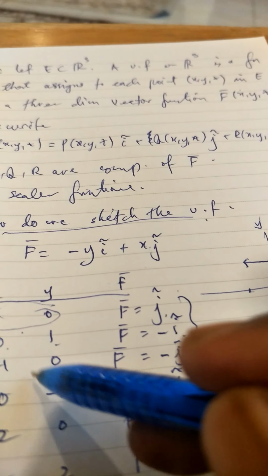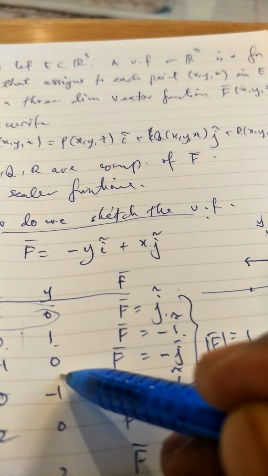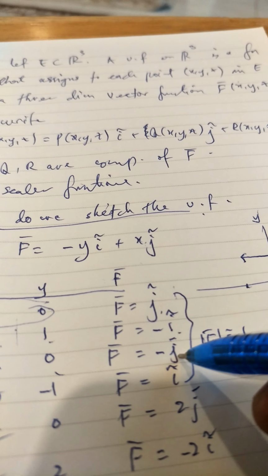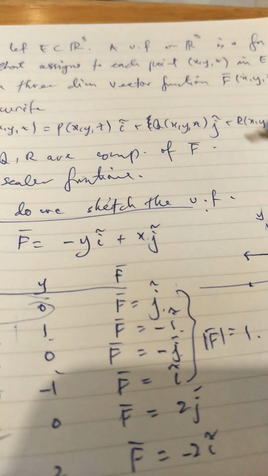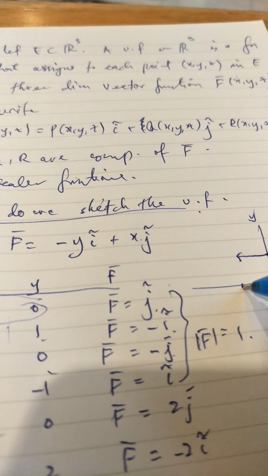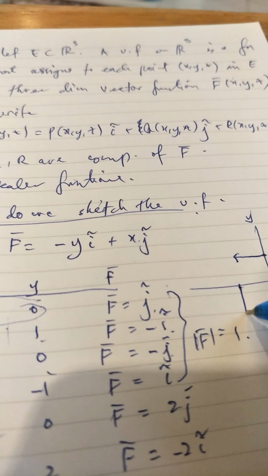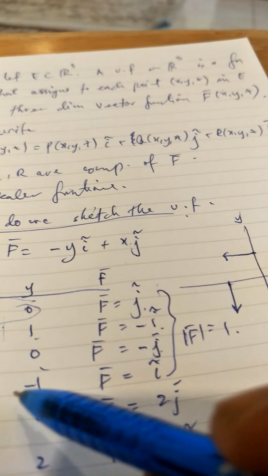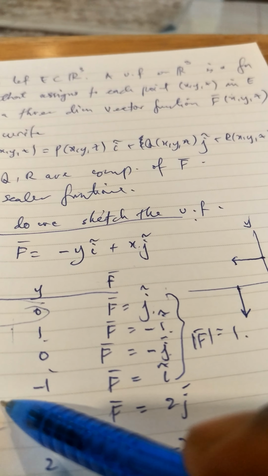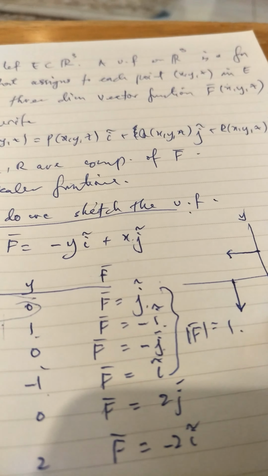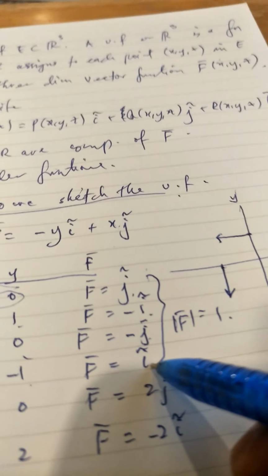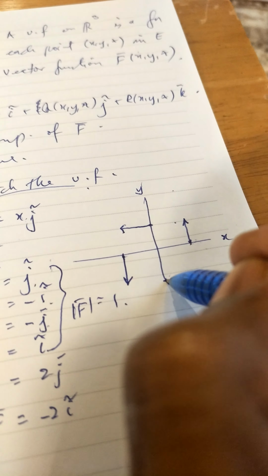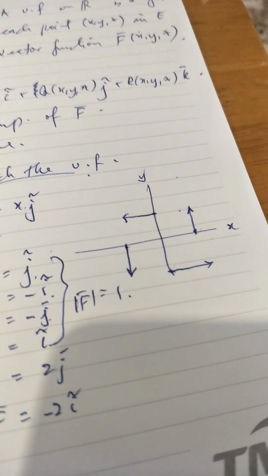Next we choose (-1, 0), which gives negative j, the opposite direction. And (0, -1) gives positive i, so that gives us that direction.